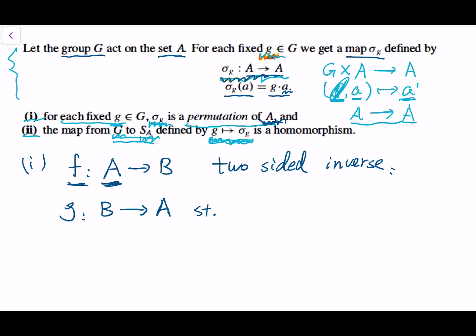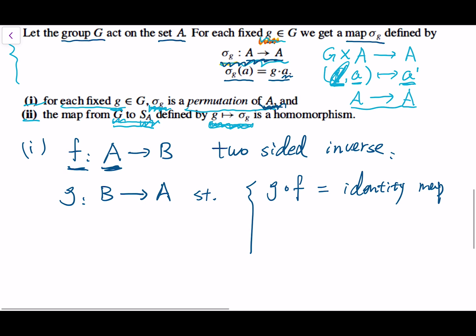such that we have two cases. First, g composed with f is equal to the identity map, and f composed with g is also the identity map.